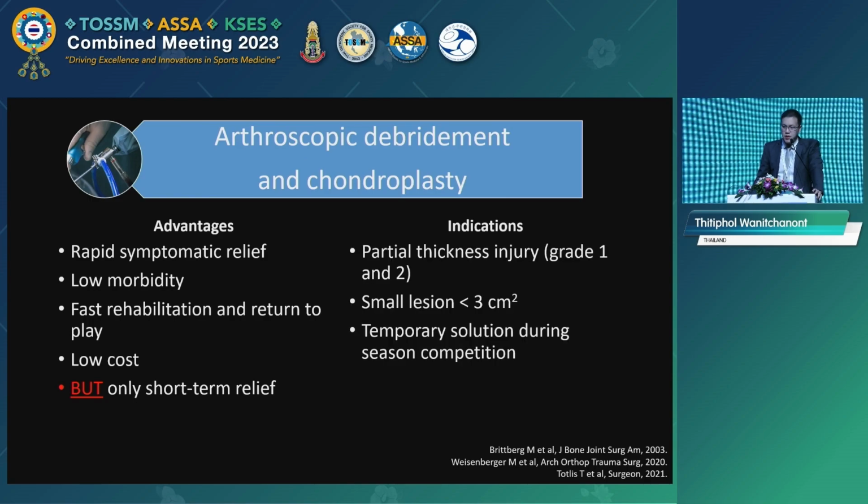So the indication is lower severity of injury, grade 1 or grade 2 cartilage injury with a small lesion. We mainly use it during the season because it's just temporary relief. For the outcomes, it shows improved functional score, KOOS, for small lesions, but it's not good for larger lesions.